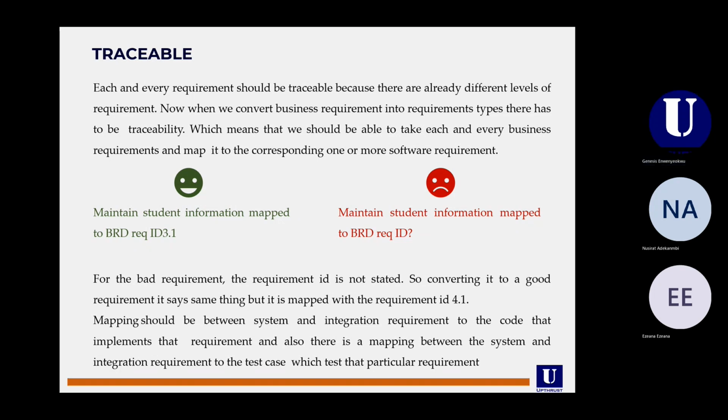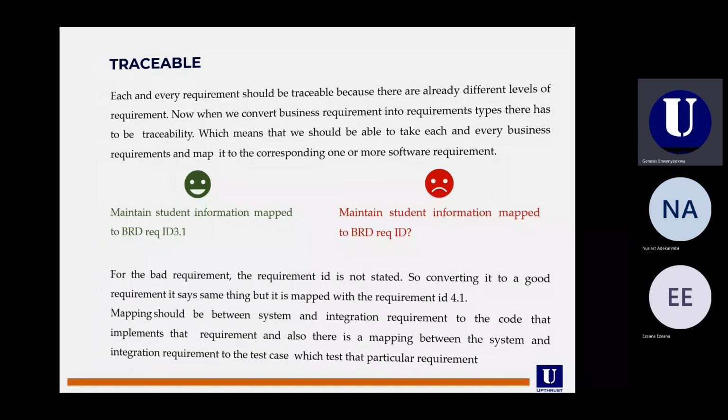Nobody knows which specific requirement you are speaking to. But when you say maintain student requirements on the left-hand side maps to BRD requirements ID 3.1, it means that we should be able to maintain that requirement based on what is stated in the BRD for requirements ID 3.1. In this way, we can easily trace a requirement, we can easily map our requirements.